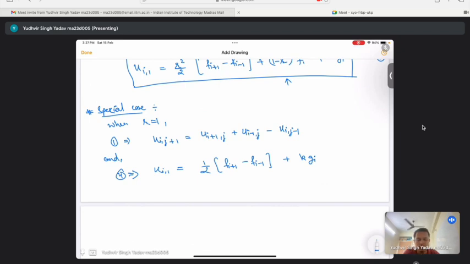It will be simplified further, and we will be left only with the three terms that we need to calculate and evaluate by substituting their values.